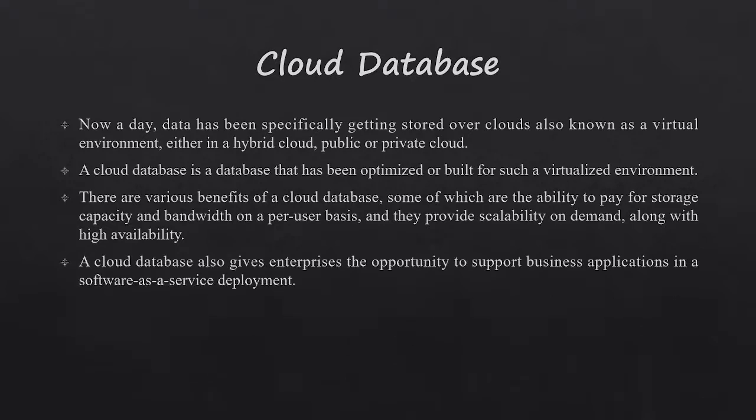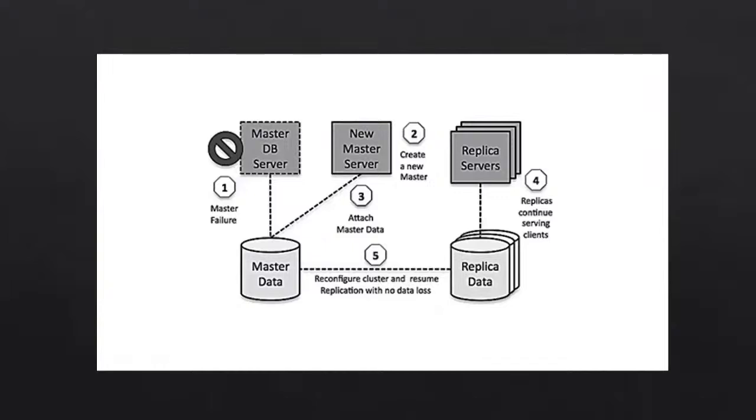A cloud database also gives enterprises the opportunity to support business applications in software as a service, that is SaaS, development. We talked about it, software as a service like Gmail and Google Sheets. Here you can see the master data and the replica data.